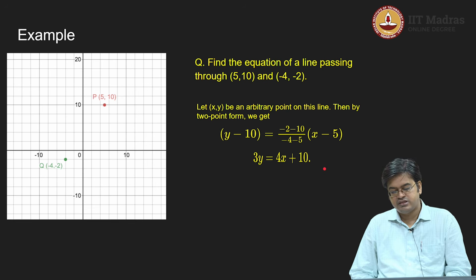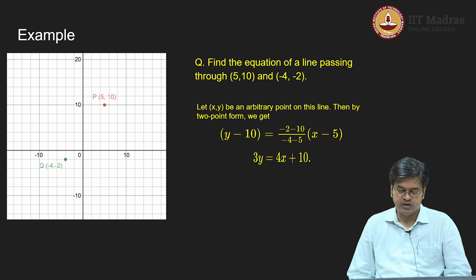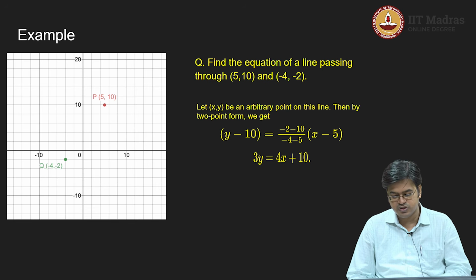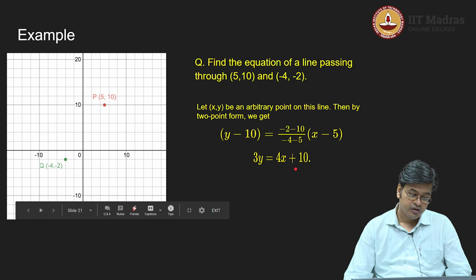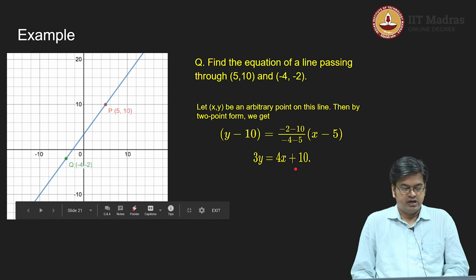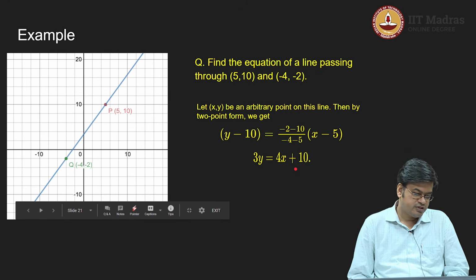So, if you simplify this, you will get the expression of a line, because as I mentioned the slope was 4 by 3. So, you just simplify this, you will get the expression of a line 3y is equal to 4x plus 10. So, this will be the line that is passing through these 2 points.